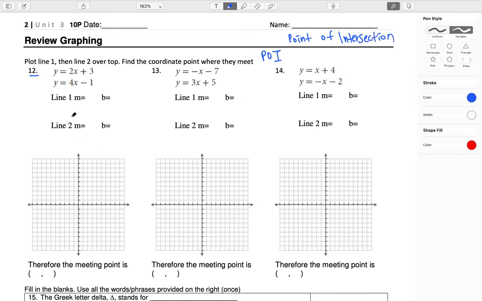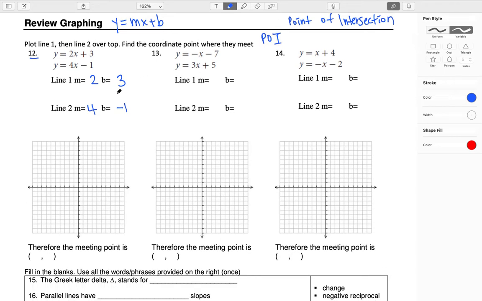Okay. So for line 1, it follows y is equal to mx plus b pattern. So slope is 2, y-intercept is 3. For line 2, slope is 4, and y-intercept is -1. So therefore, for slope, I'm just going to change it into fractions, over 1, because remember, slope is rise over run.